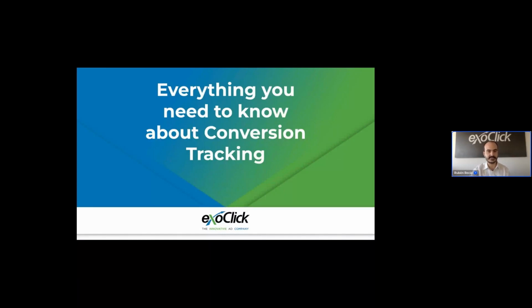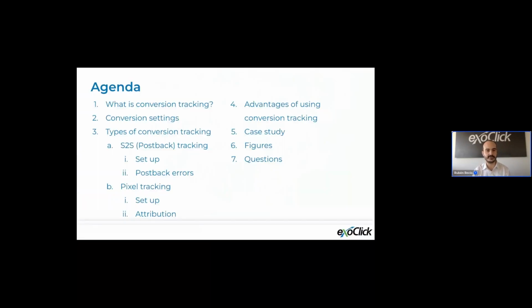So let's get started. Here's what we're going to cover. We're going to start with the definition of what is conversion tracking. Then we're going to head right into the conversion settings that we offer here at ExoClick. Then we're going to cover the two types of conversion tracking that we currently allow, which is server-to-server or postback tracking and pixel tracking.